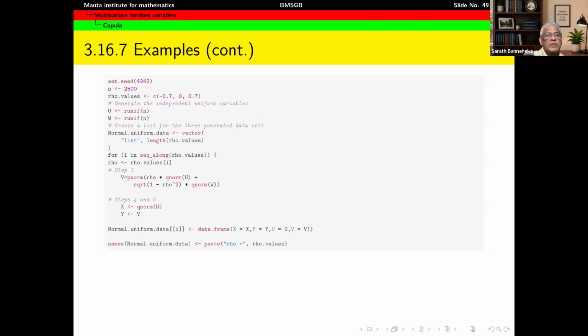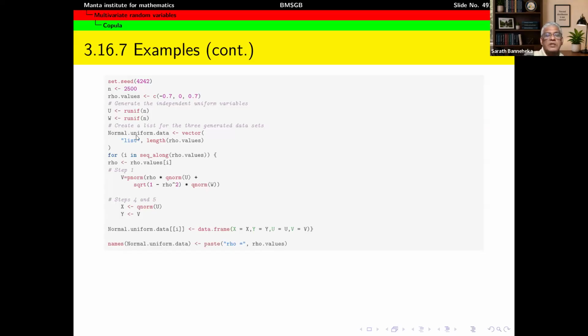And then in order to get the normal and uniform data, since X and Y have to be normal and uniform, we do this for different values of rho.